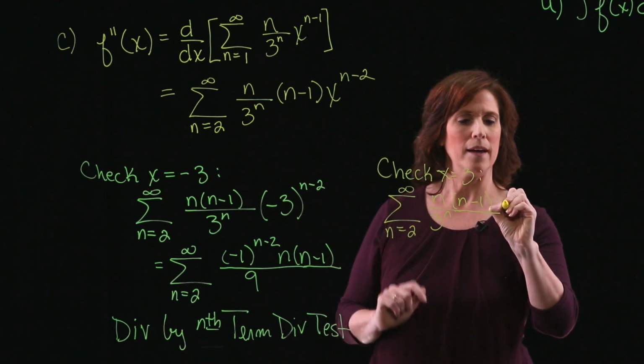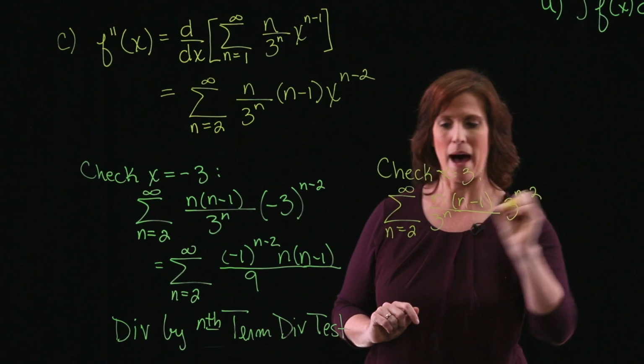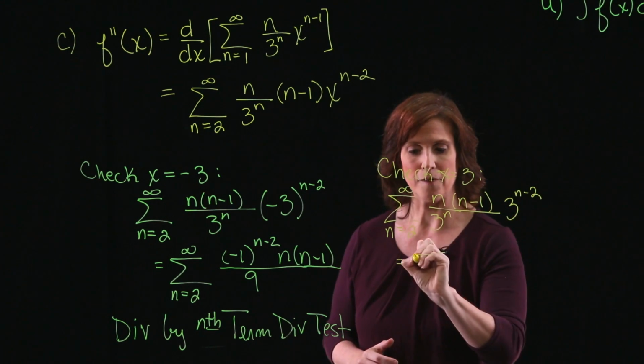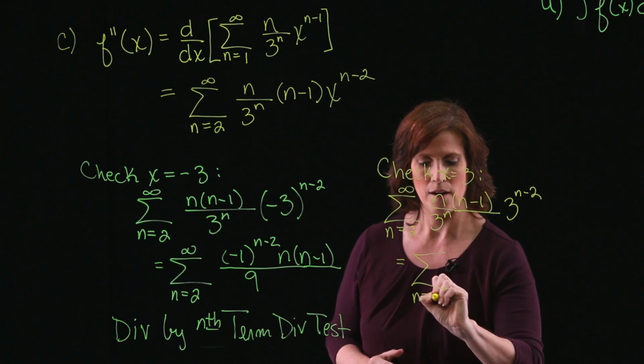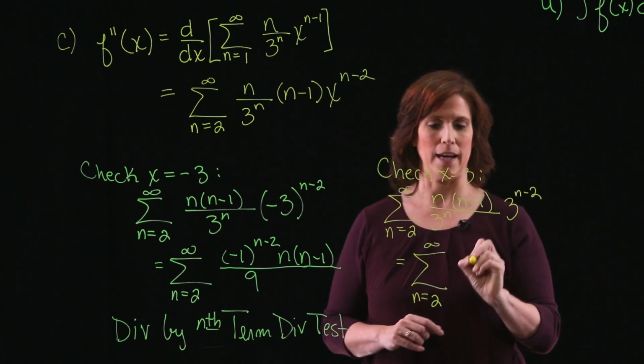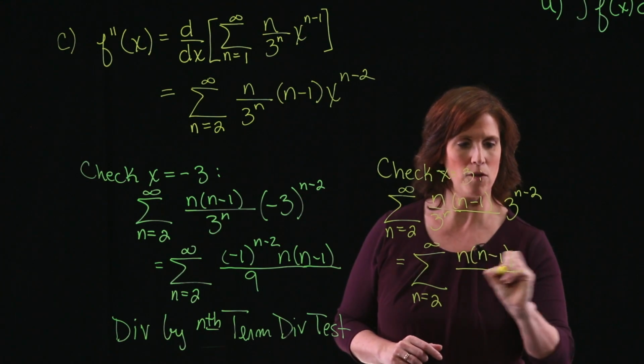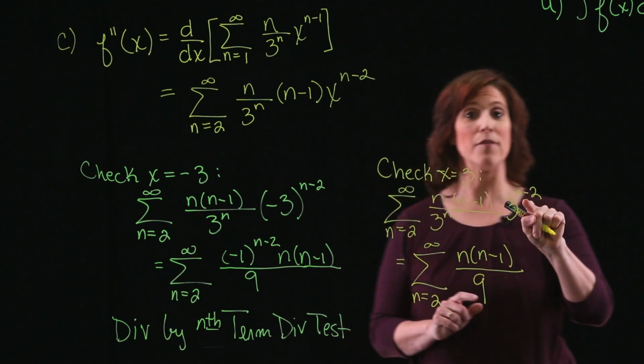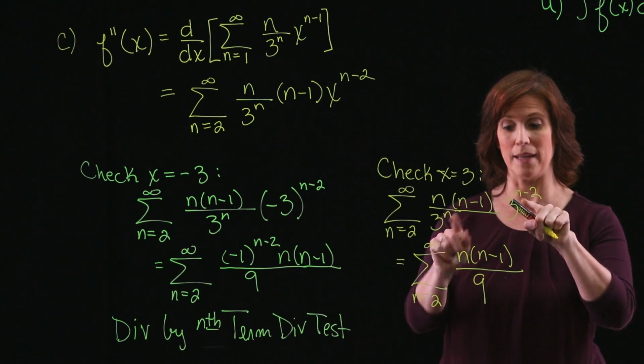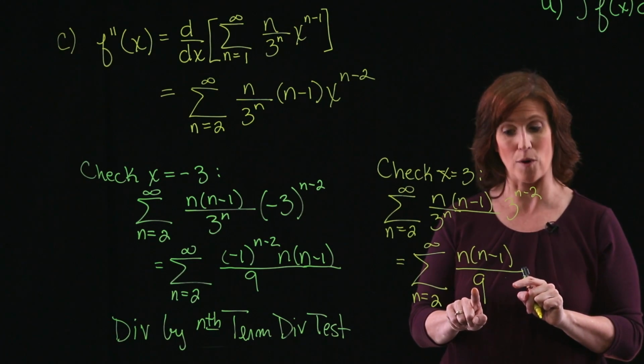And I'll have 3 to the n minus 2 power. And this will simplify to the series from n equals 2 to infinity of n times n minus 1 all over 9. Again, I have 3 to the n minus 2, which will cancel with 3 to the n, leaving me with a 3 squared, or 9.